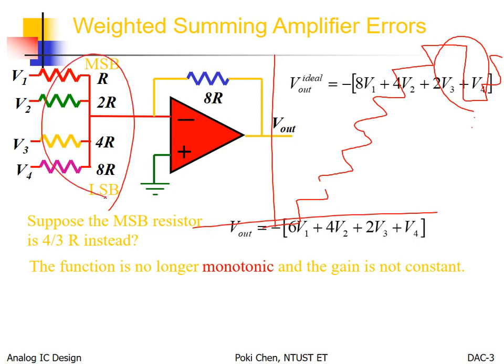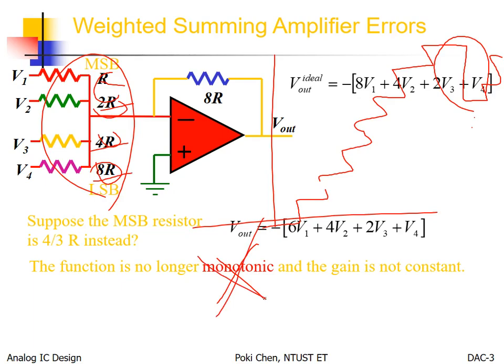We have only 4 bits. If you have more bits, especially for such a binary weighted structure, it's really hard to keep your promise for monotonicity. That is the hardest, most difficult part for such a binary weighted structure, 1, 2, 4, 8, and so on.